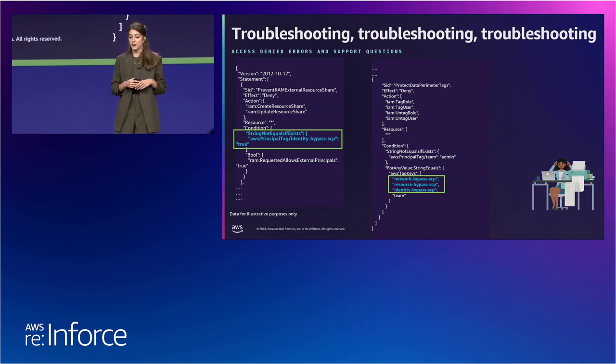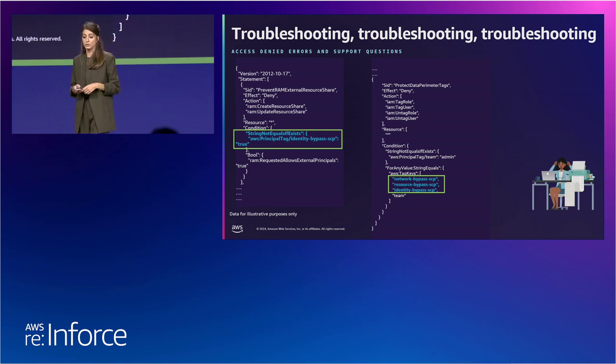So within the SCPs, we added bypass tag availability in individual statements, which enabled us to add these tags to a role and isolate individual parts of our policies to figure out what was actually causing the access denied errors, or who the culprit was giving us any of the trouble. We utilized this bypass tag methodology for many of our troubleshooting situations when we moved accounts over into our data perimeter OU.